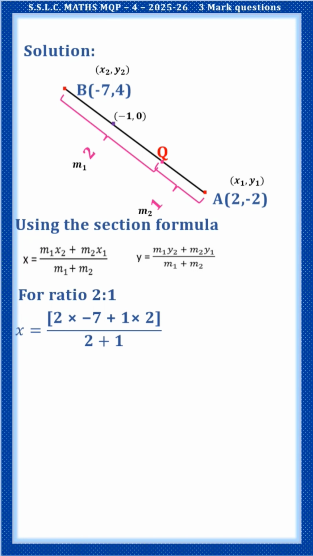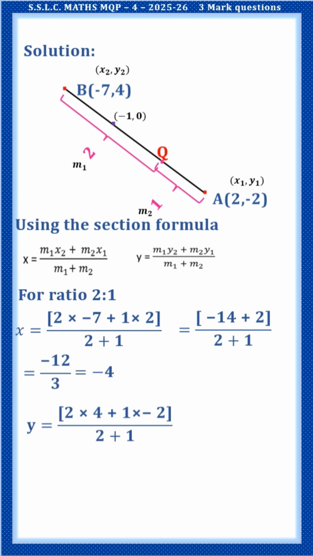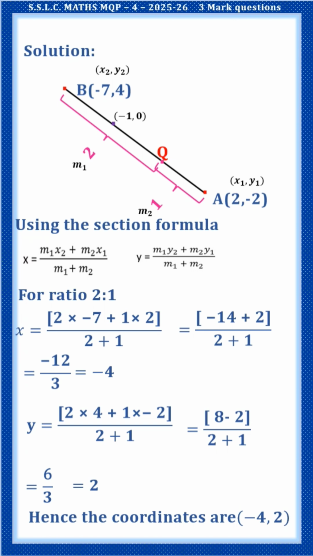Now let us substitute the values to find the x coordinate, which is equal to -4. And also let us substitute the values for the y coordinate, which is equal to 2. So the coordinates of Q are (-4, 2).